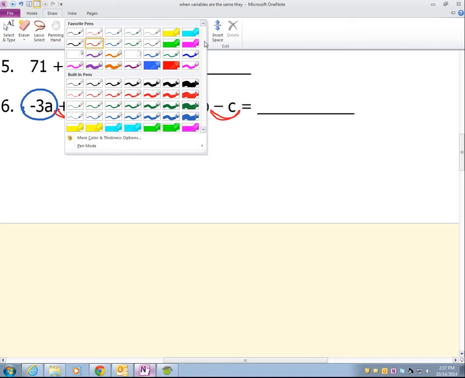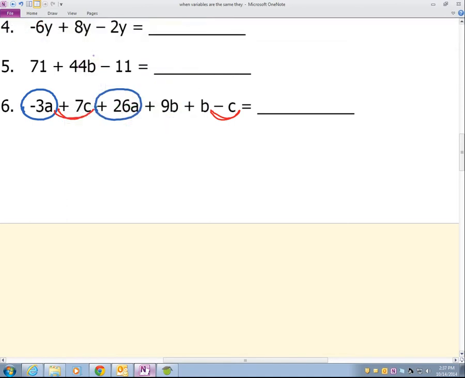Then we have, we'll go purple, plus 9b plus b. I'm going to work these three things out because we got three different kinds of terms. We have to combine the three kinds of like terms. So I'm going to do that. You guys do that at your desks. I'm going to do that up here.